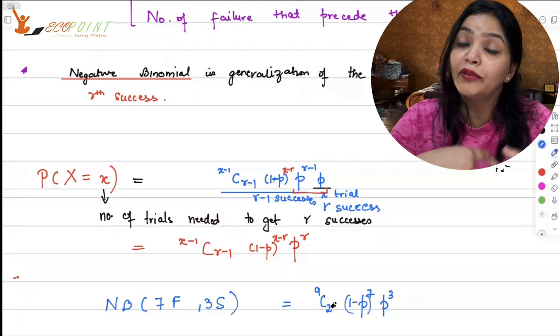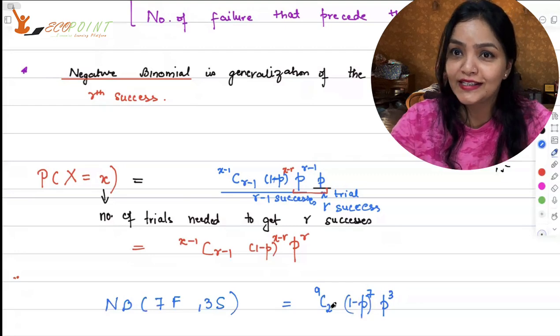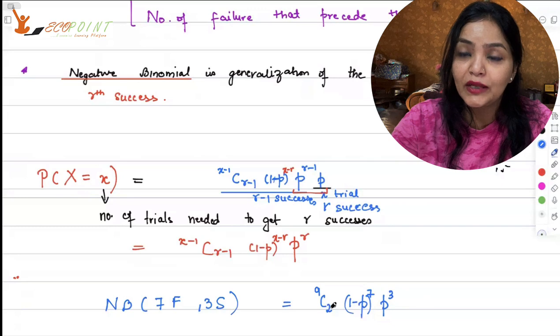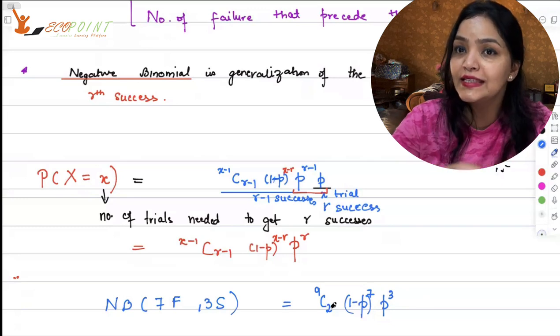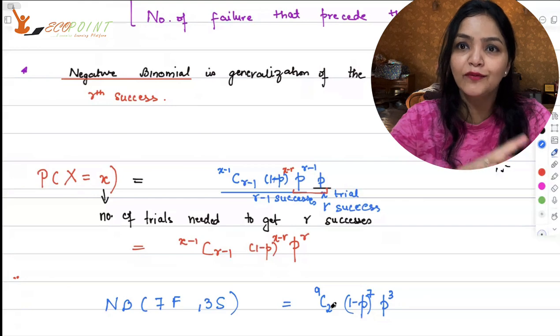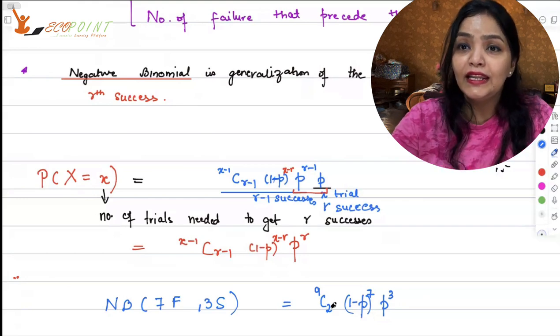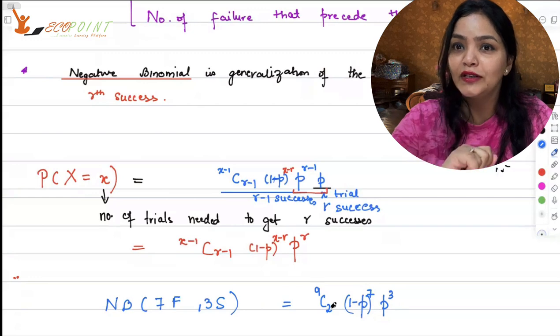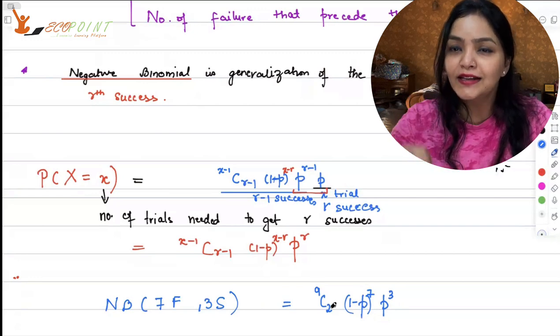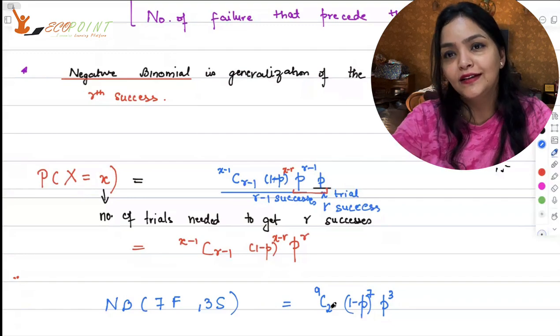Here, your trials is a variable and the number of successes is fixed. That's the difference between negative binomial and binomial. In negative binomial, your number of successes is fixed, and that is why at the last trial you have a fixed outcome.